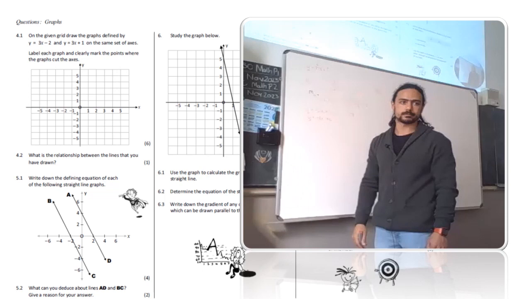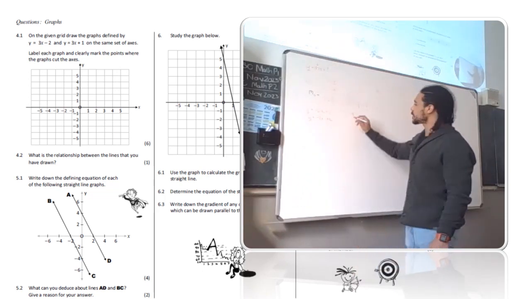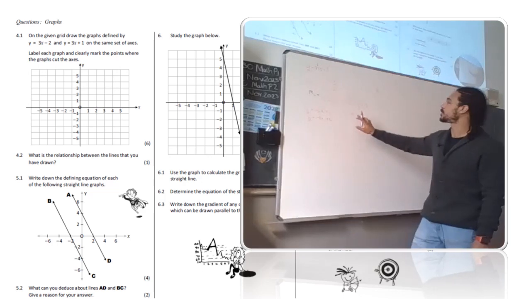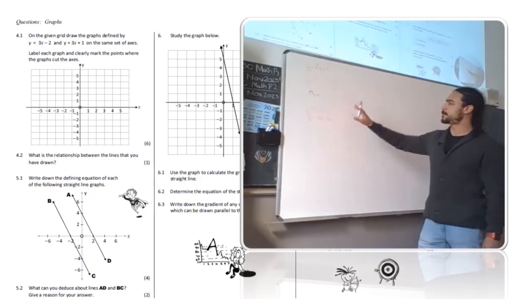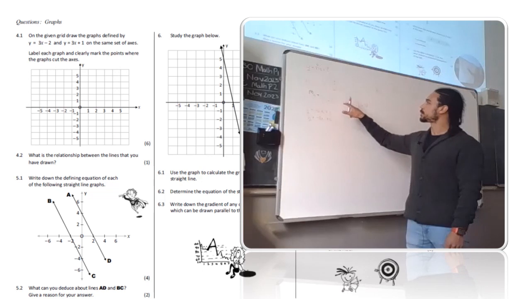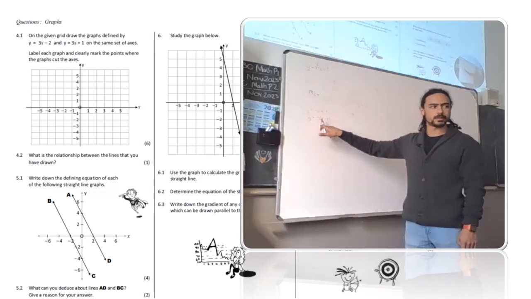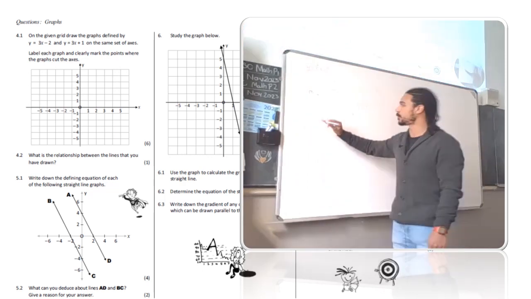Are you good? If we didn't see the c value, the y-intercept, we could have used one of these coordinates and substituted it into this equation, and then worked it out. Let me quickly show you.